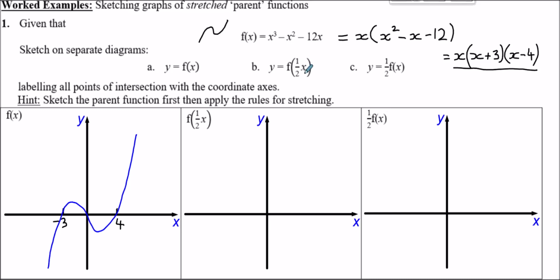So common sense, you might think, well, these x coordinates are going to be halved. Opposite to that, the x coordinates are going to double. And so what this is going to do, the x coordinates are going to double. So for part B, that's a stretch, scale factor 2, in x direction.